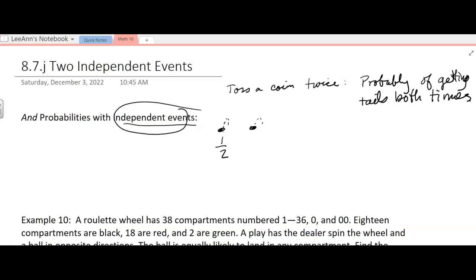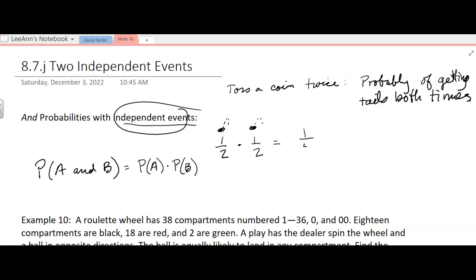So to do that, you take the probability of A and B. You want 2 events to occur, and they're independent events. Then you take the probability of A times the probability of B. So in our case, it'd be 1/2 times 1/2, or 1 out of 2 times 1 out of 2.